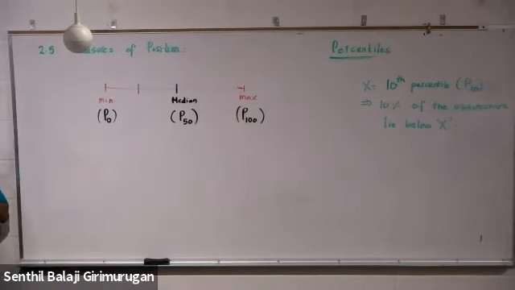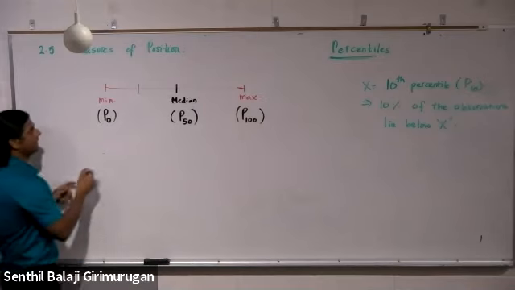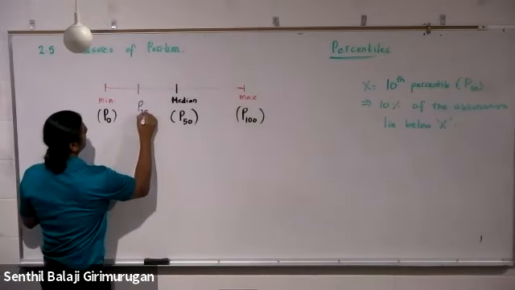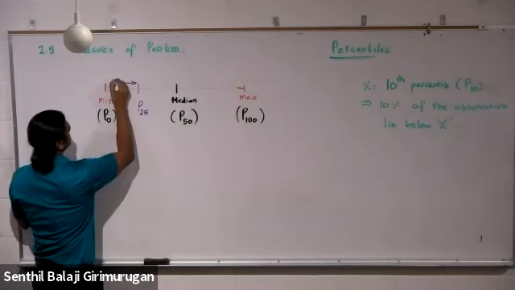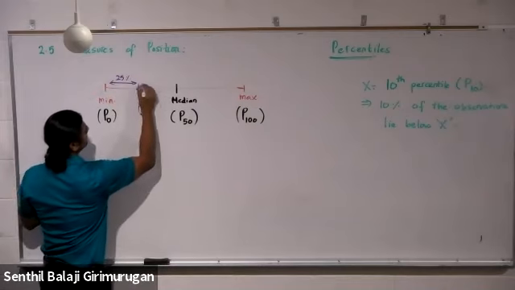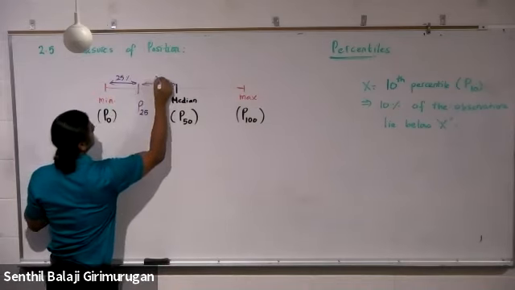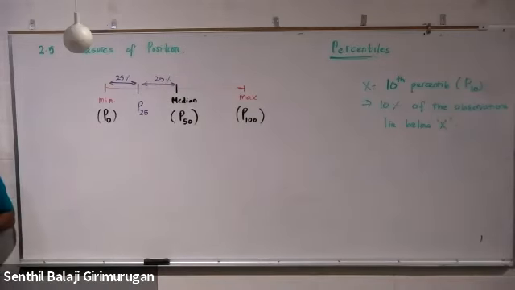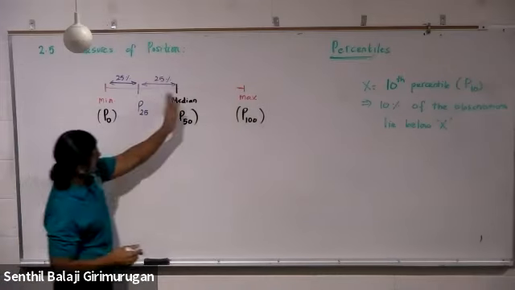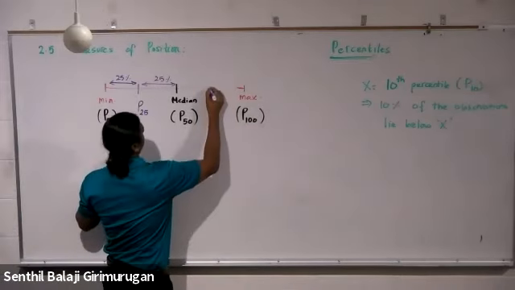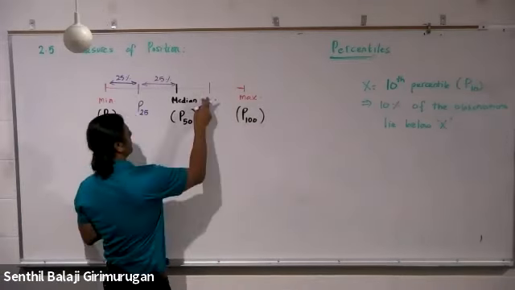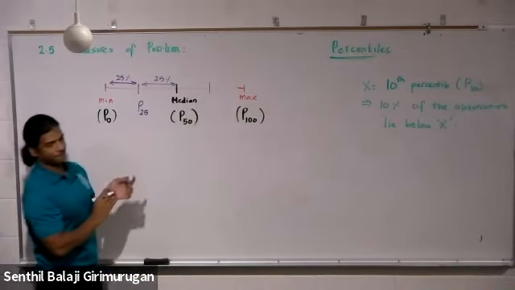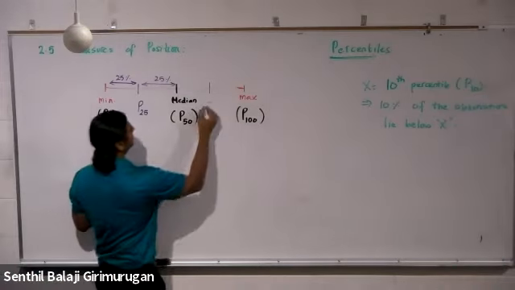That would be P25, because 25% would lie below and 25% would lie above, and in total 50% would lie below the median. Good. Likewise, if I cut the upper half exactly in the middle, what percentile would that be? 75.